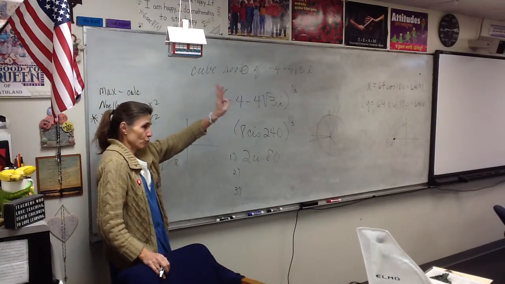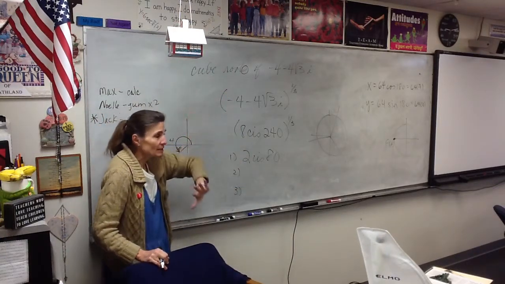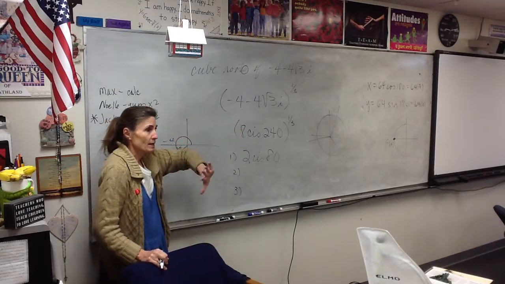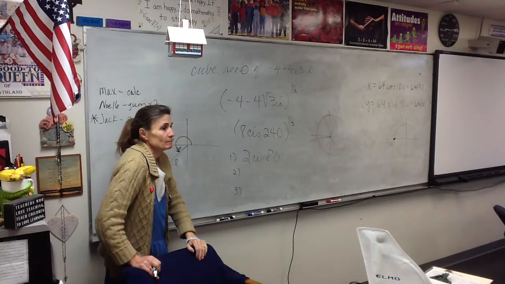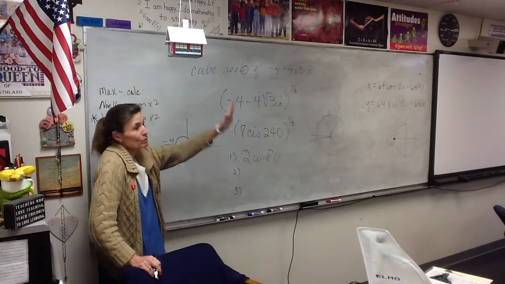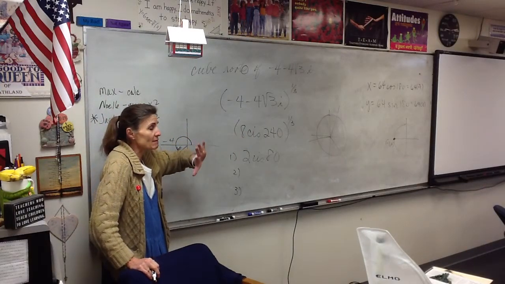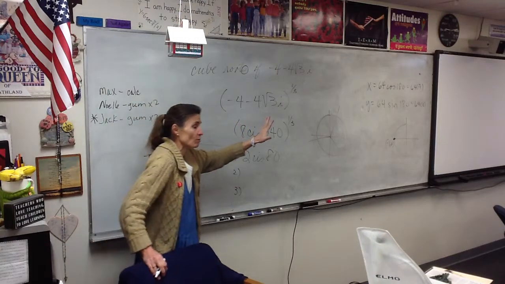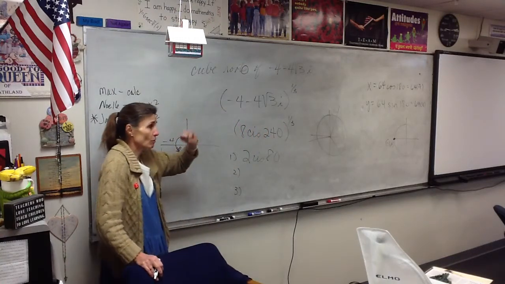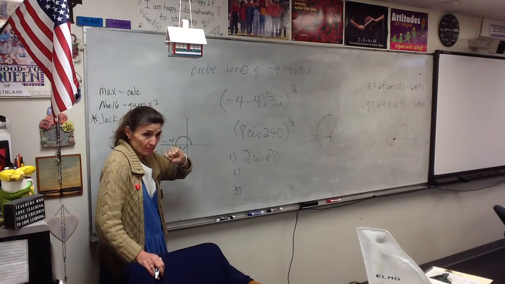If there are 3 answers and they are going to be evenly spaced, how far apart will they be? 120. Let's let that digest for a minute. There are 3 answers. They're always going to be evenly spaced, no matter how many there are. There are 3 of them, so they're 120 degrees apart.